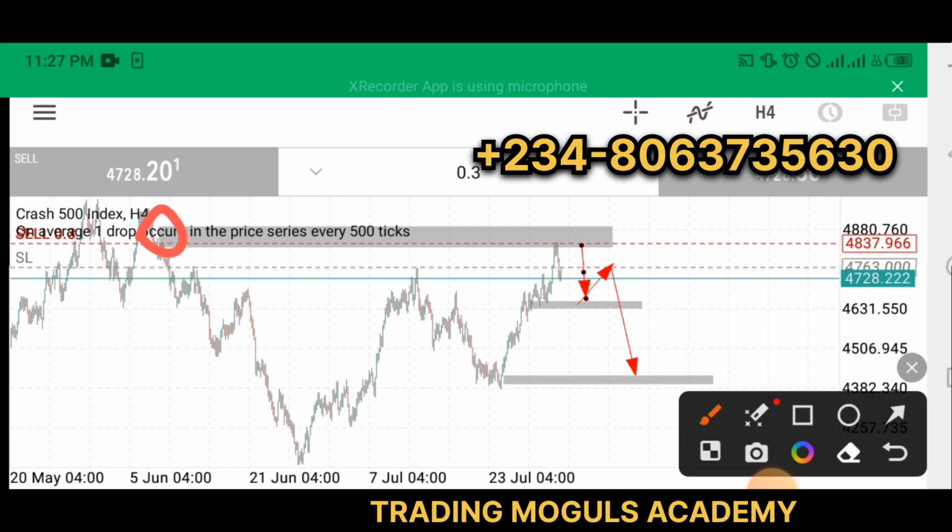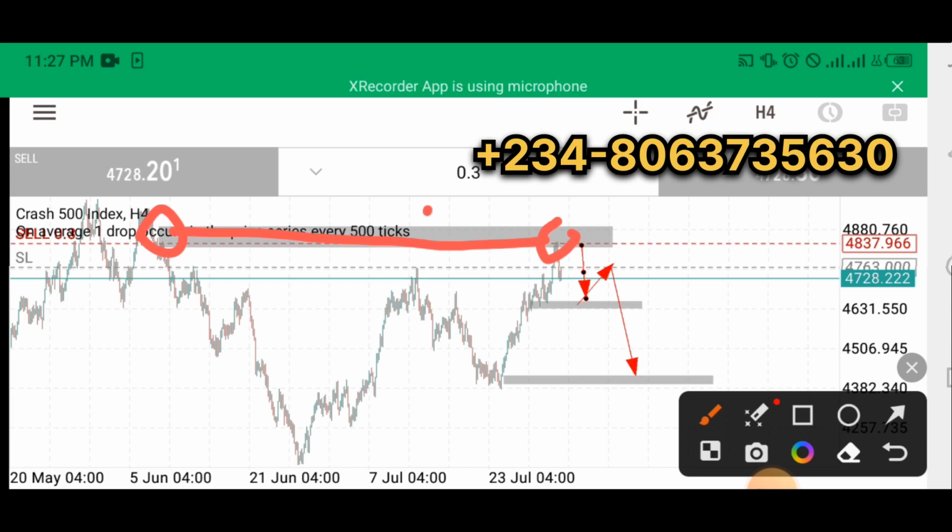It was because there were multiple rejections around this level. As you can see, price has been creating multiple rejections, indicating a bearish SMS, and that is why this trade was taken.